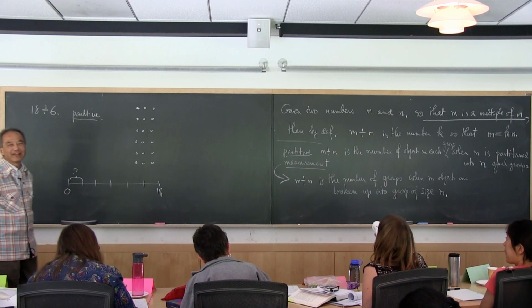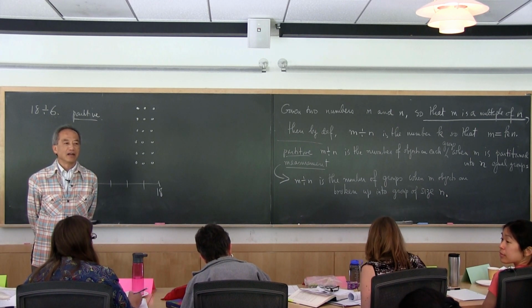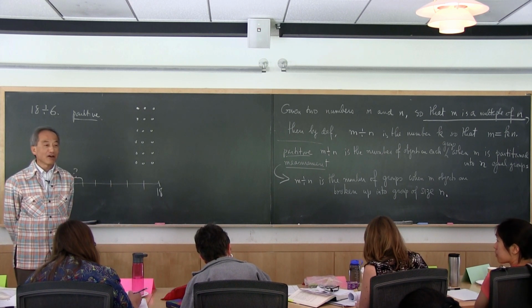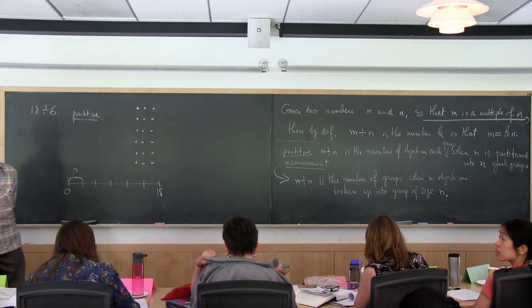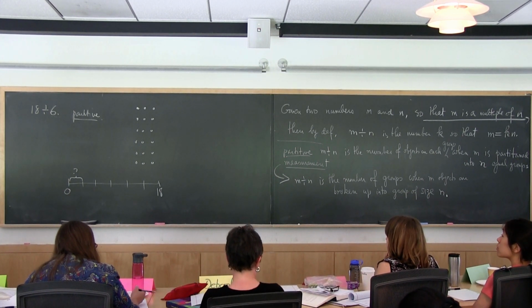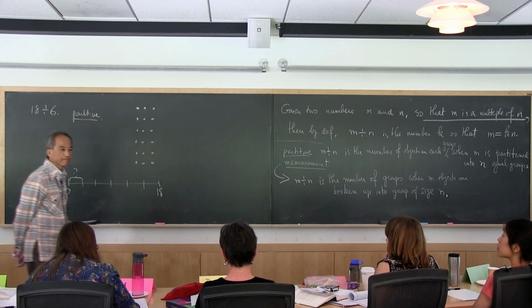So one tells you how many groups you break it into, and the other tells you the size of each group. We actually had this debate in class: if the 18 things were candy, they don't all have to be the same candy. They could be jelly beans and M&Ms, and you're still dividing 18 of them into groups of 3.